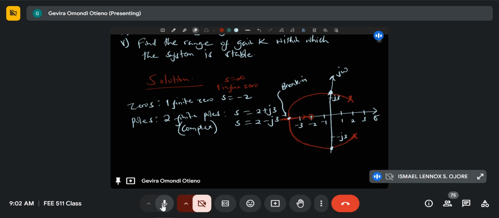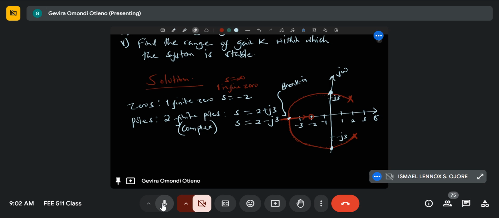Exists on an odd number of real axis poles. Of course it's finite and closed loop, whichever, but it exists only on the real axis.